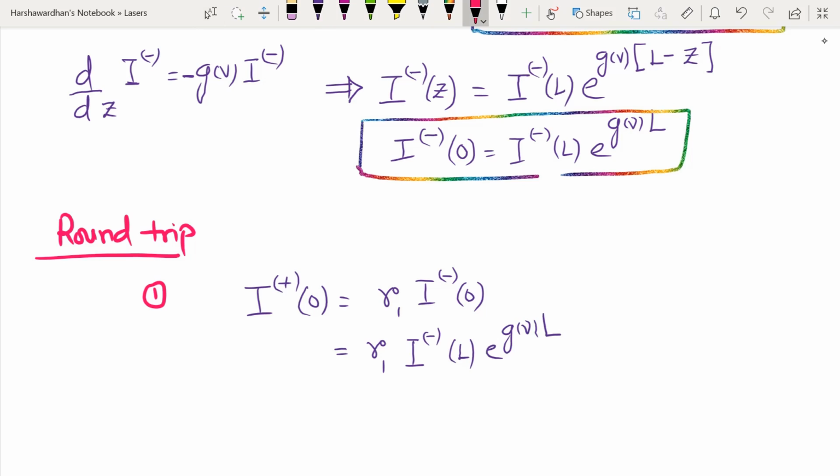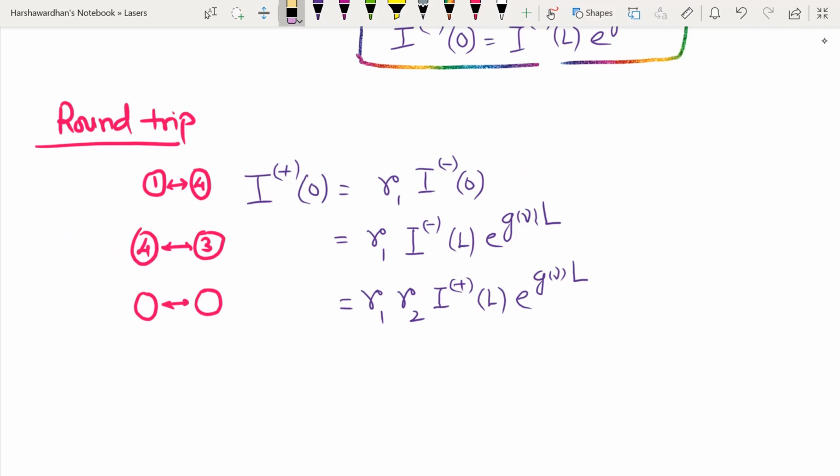So the first step happened between 1 and 4, and this is what has happened between 4 and the location 3. And I can rewrite again that my I minus at L is related to the I plus at L, which is R2 times I plus at L times exponential g of nu times L. So I can relate this as going between 3 and 2.